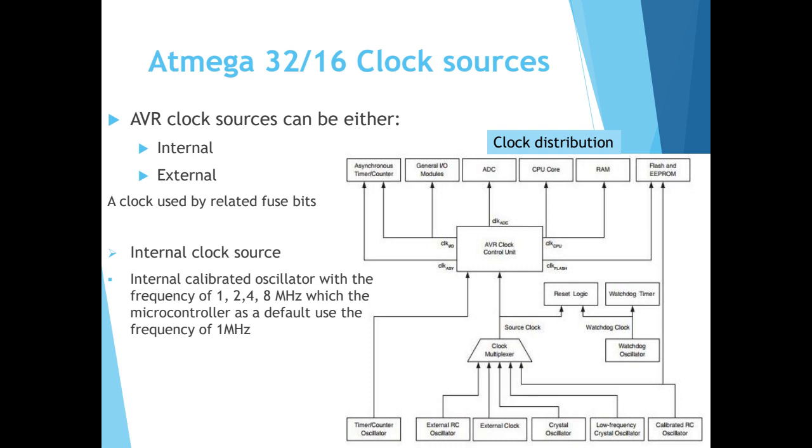All of them are going to the clock multiplexer, and then from the AVR clock control unit, it's applied to different components such as the analog to digital converter, CPU core, different memories, RAM, EEPROM, and so on. So it is the figure related to clock distribution.